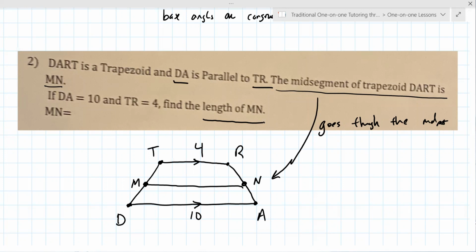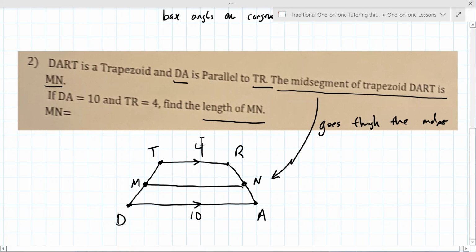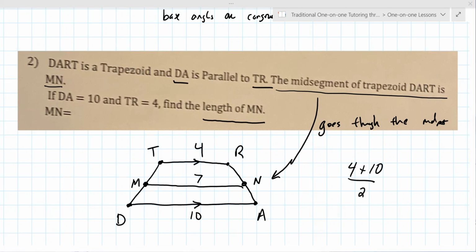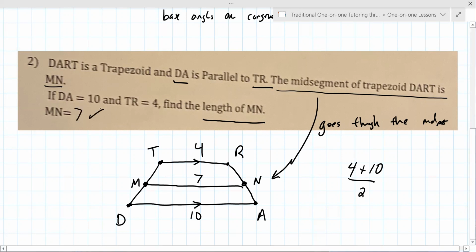X2 plus X1, divided by 2. So do the same thing here. Add up the two numbers, 14, divide by 2, that's 7. There you go. That's the length of MN. So the length of MN is 7.